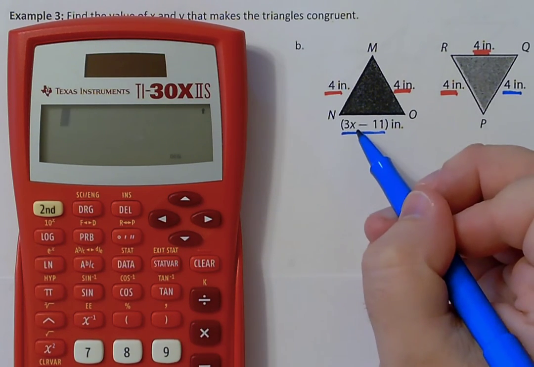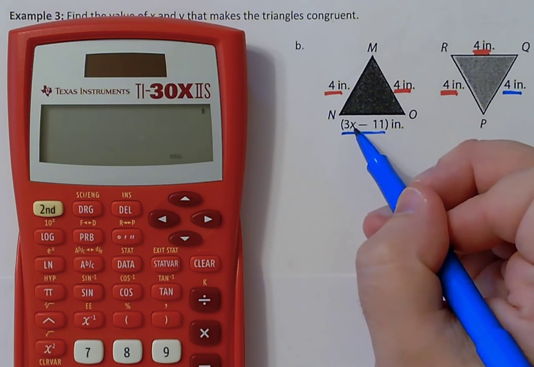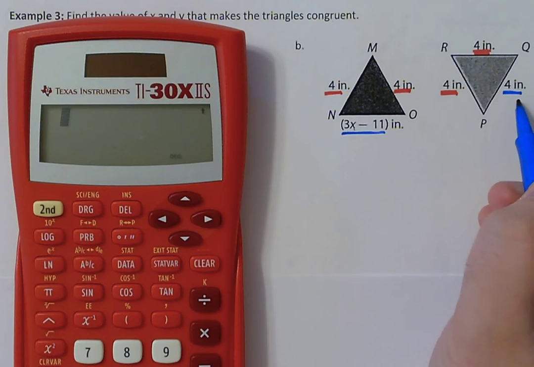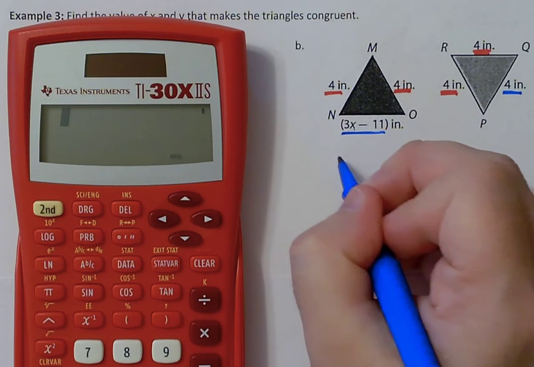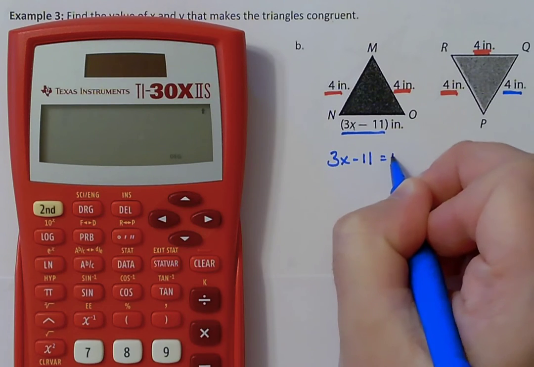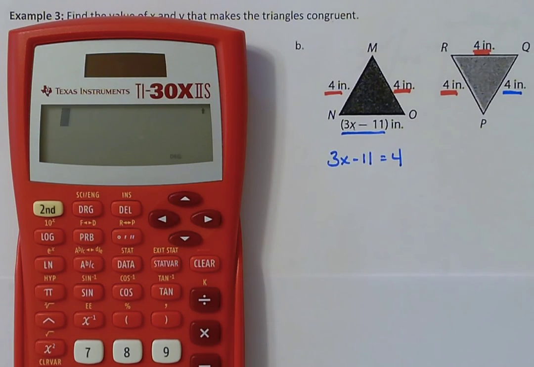So whatever my value for x is, when I plug x in, it needs to equal 4. So what we're going to do for this is take this 3x minus 11, set it equal to 4, and then we're going to go through and solve.